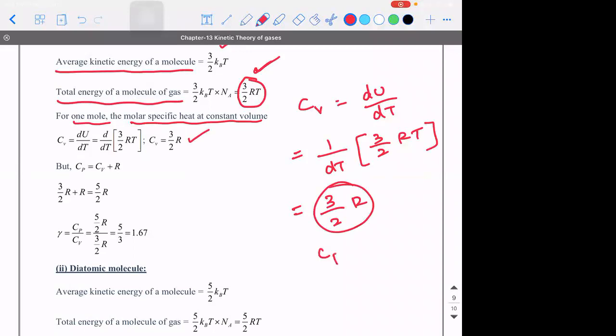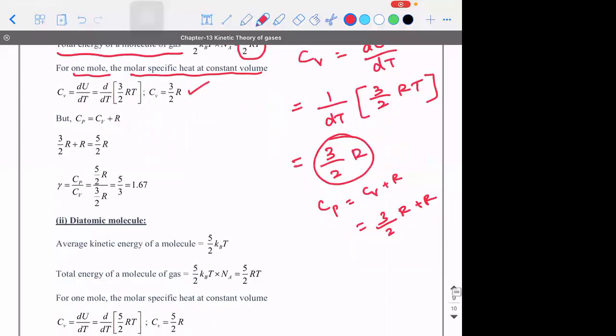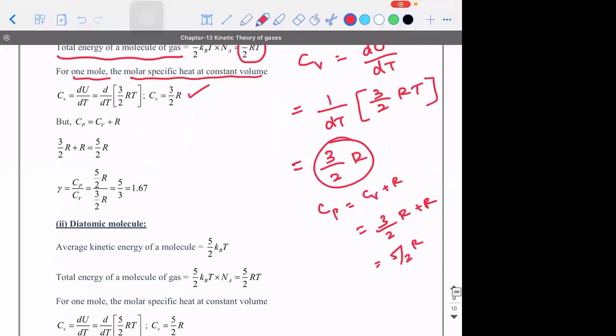Then Cp is Cv plus R, that is 3 by 2R plus R, which is 5 by 2R. Now what is Cp by Cv?